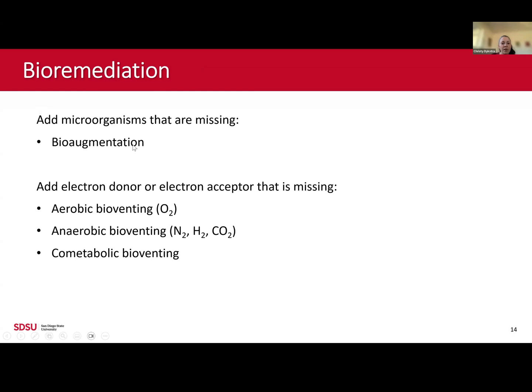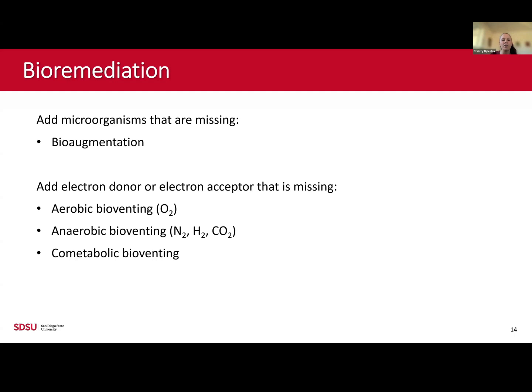If what we're doing is adding microorganisms that are missing, let's say we have some unusual pipeline of a chemical that's running from state 1 to state 2, and it breaks halfway between, and it's now going all over the soil. But because that chemical doesn't generally exist in nature in that area, maybe the microorganisms that can break it down are not there. Maybe everything else is.